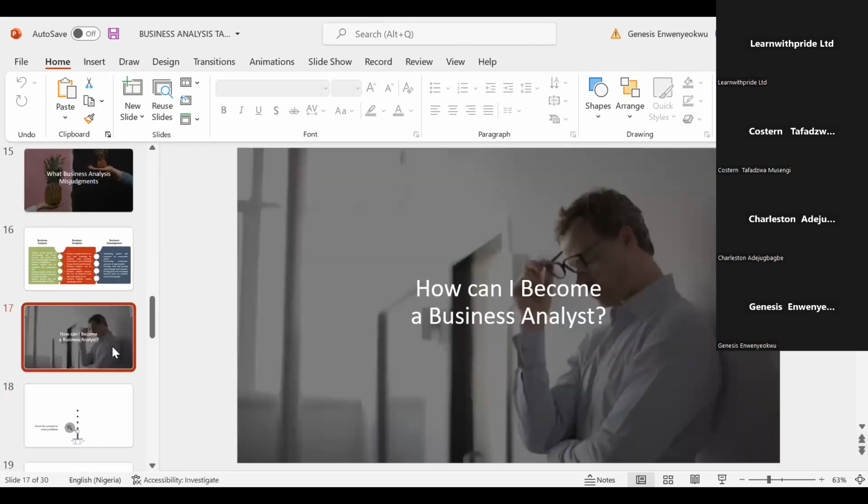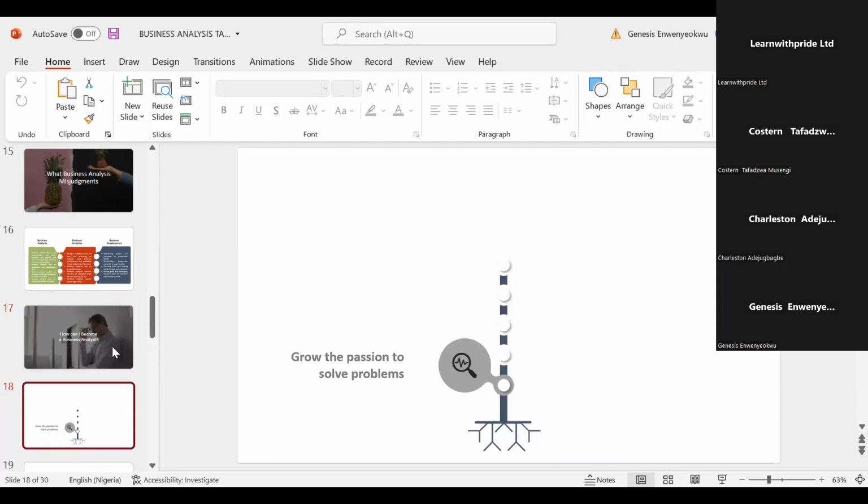So let's go ahead and look at how you can basically become a business analyst. It's pretty easy, right? Even as I'm saying it's pretty easy, it requires a lot of work. First thing is for you to have that passion. If you do not have passion for whatever you are doing, you will not put in the work.